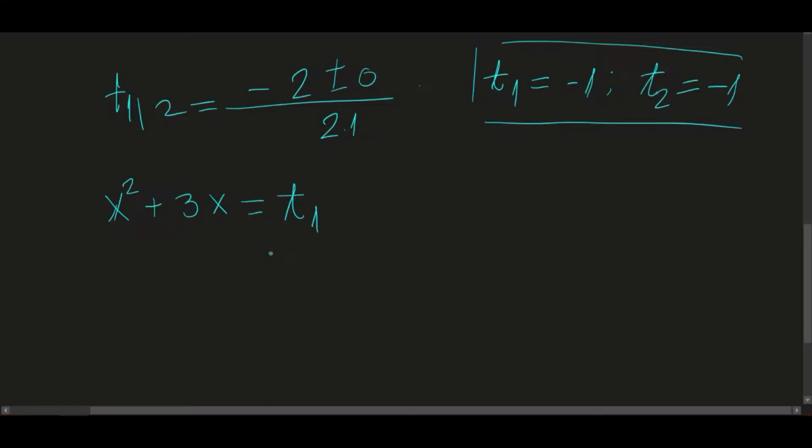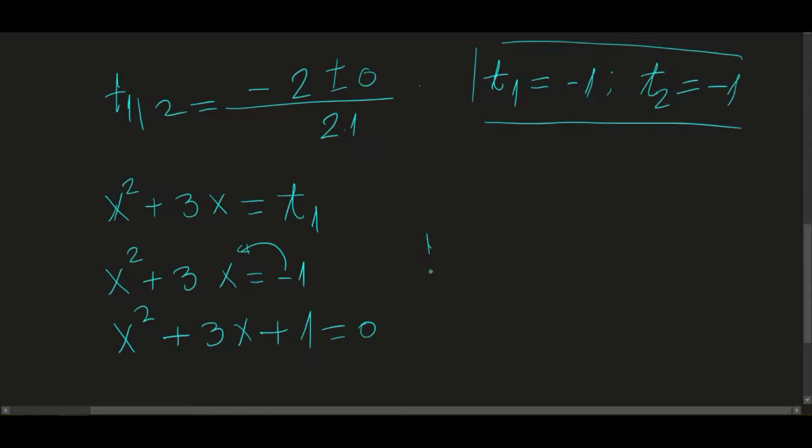This is t1, and t1 is -1, so x² + 3x = -1, and when we change the side, it is +1, or some teachers do it in another method.